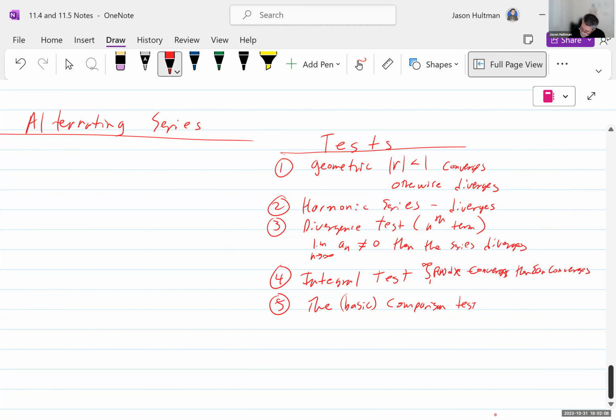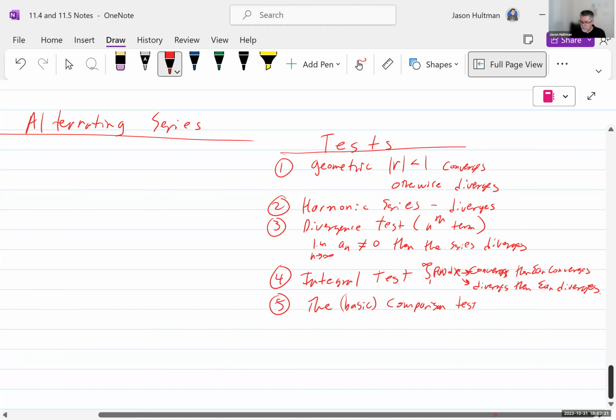If this thing diverges, then a sub n diverges. So if the integral converges, then the series converges. If the integral diverges, then the series diverges.